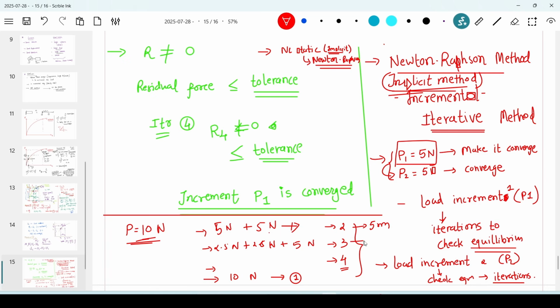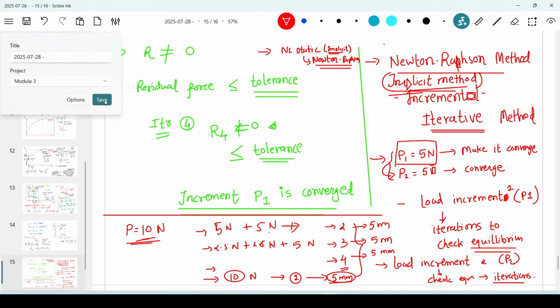Apply three increments, at the end you get 5 mm. Four increments, also 5 mm. Even if you apply 10 Newton all together and perform iterations, you will get 5 mm only, because the Newton-Raphson method is checking the equilibrium. So your output is unique. It doesn't matter whether you solve with 4 or 5 increments.